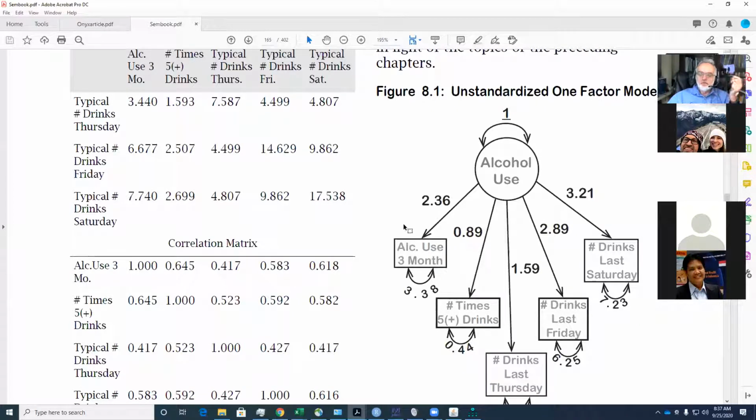Second thing, what does this diagram say about the covariances present in the data? Well, for example, that would be 2.36 times 1 times 0.89. And that's all the little trips that my little car can go, starting out from here and ending up here, or starting out down here and ending up over there.